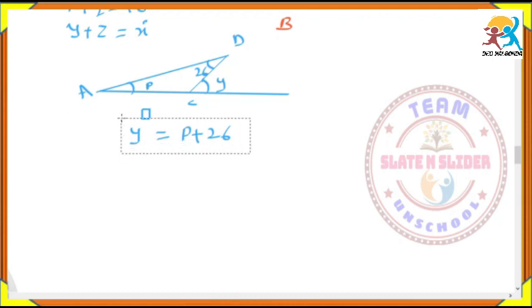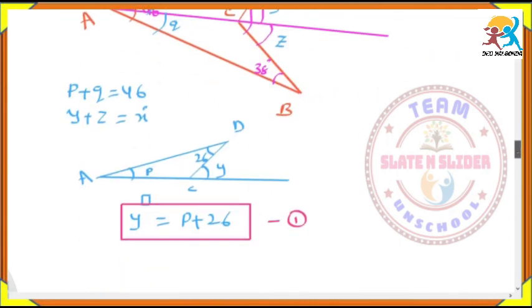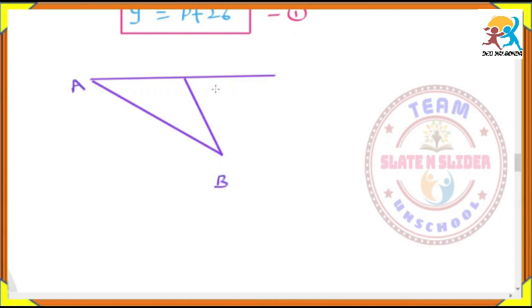And take one more triangle, that is ACB triangle. This is A, B and C, this is Z and this is Q, this is 38.